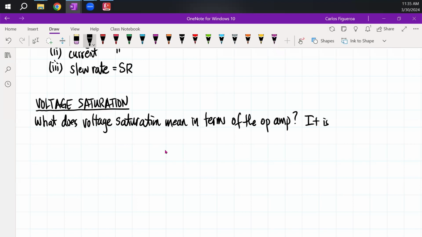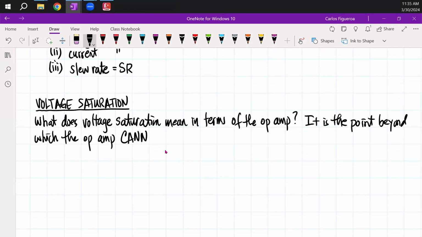It is the point beyond which the op amp cannot amplify the input signal slash voltage.